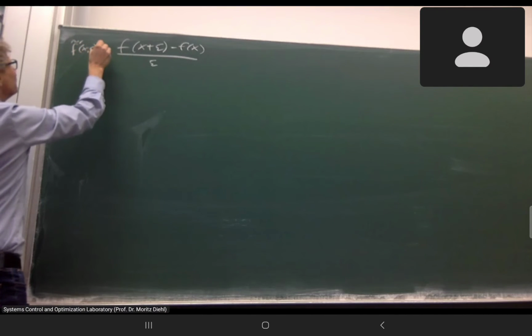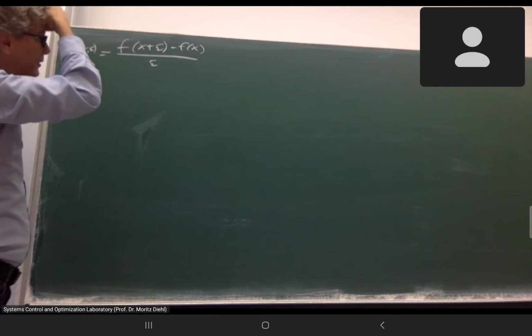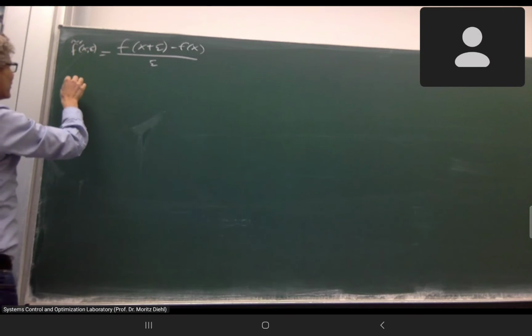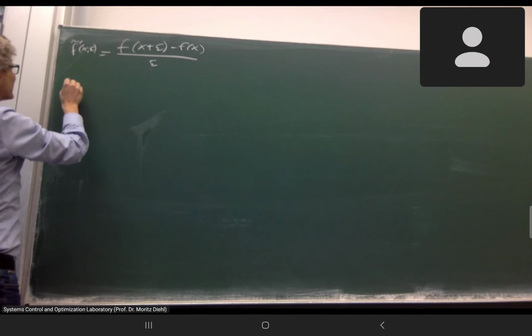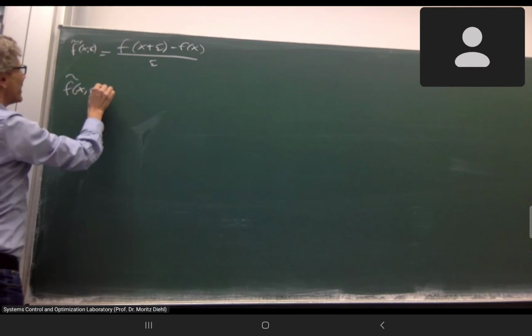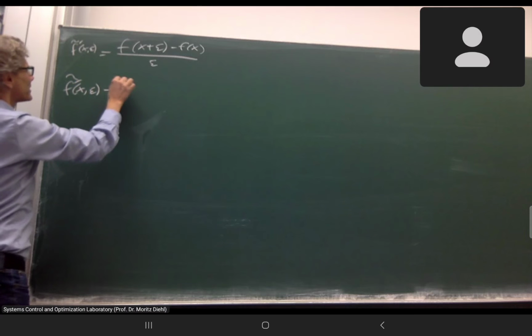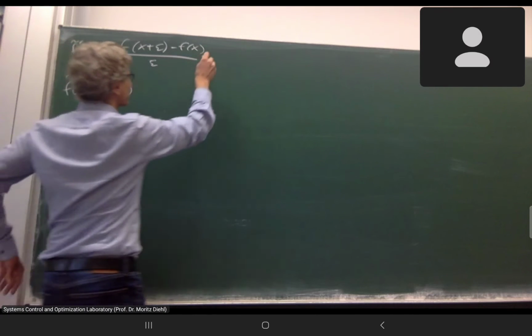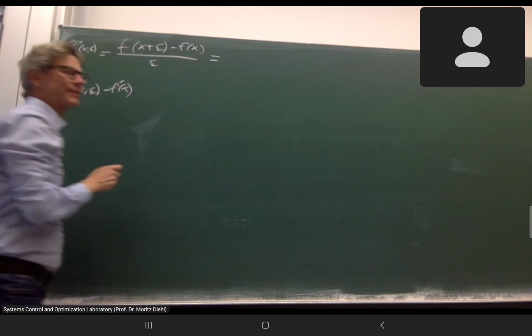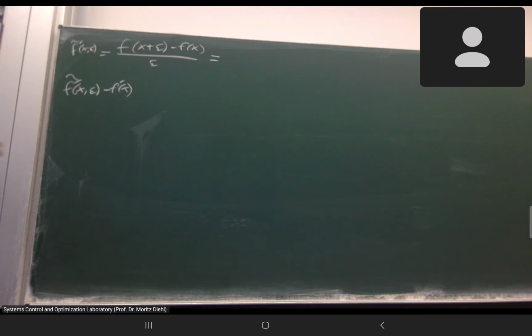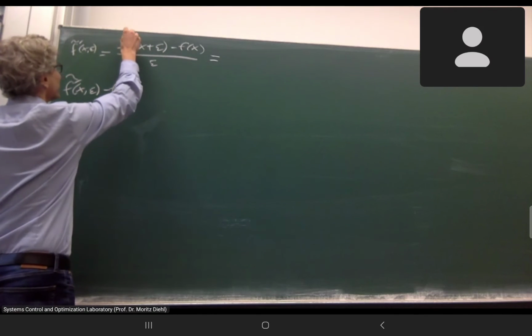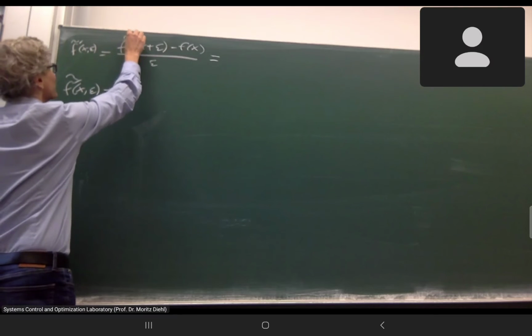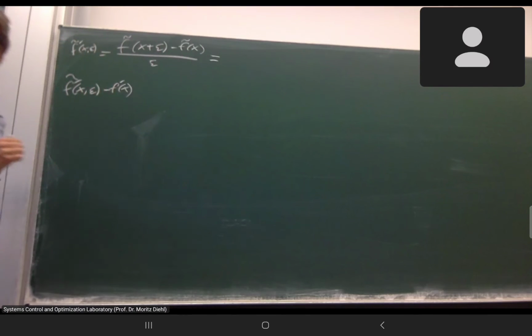What you want is to look at the error, the difference between this estimate and the true derivative. For that I can look at the Taylor series, and I also need to realize that this is a numerical approximation, so it has errors itself.